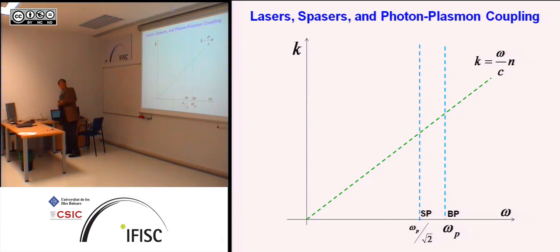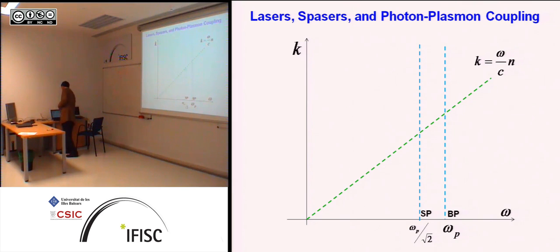This is the dispersion curve, K omega, of a waveguide. This is the straight line of uniform dispersion, which we are all familiar with. This is the so-called surface plasma and bulk plasma. They are at a fixed frequency, with almost no dispersion.